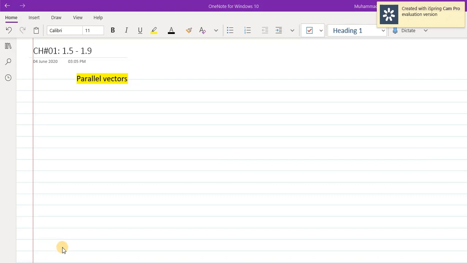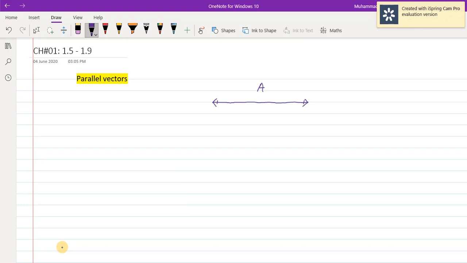Parallel vectors. To understand the term parallel vectors, first we will get the concept of parallel lines. Two lines, say A and B, extend these lines from both ends up to infinity.